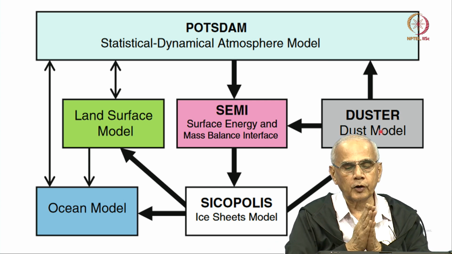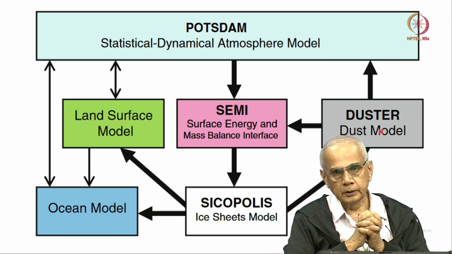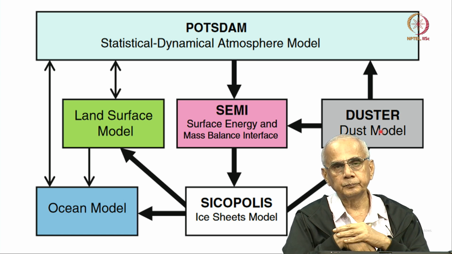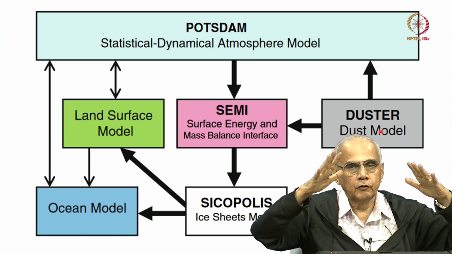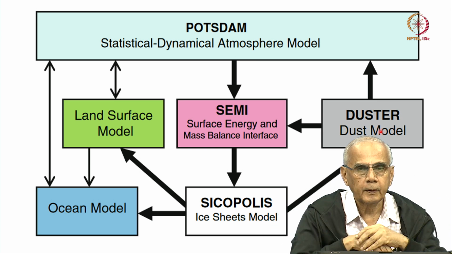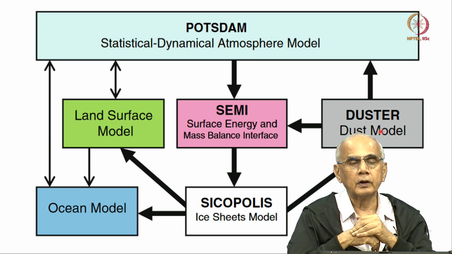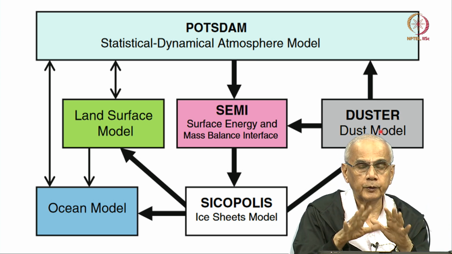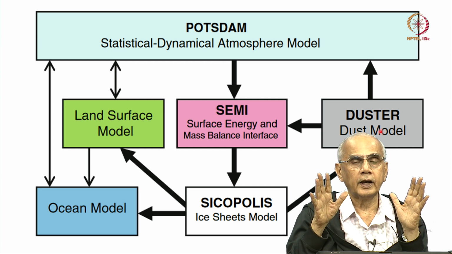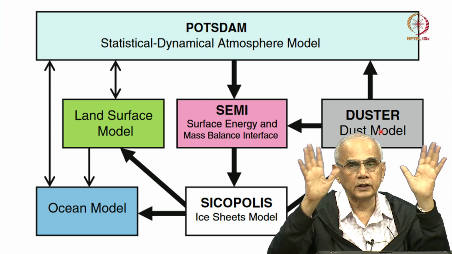See, the dust model is important because during the last ice age, when the Earth's temperature was about 5 to 6 degrees lower, there was a lot less rainfall over the globe, and hence a lot more dust in the atmosphere.